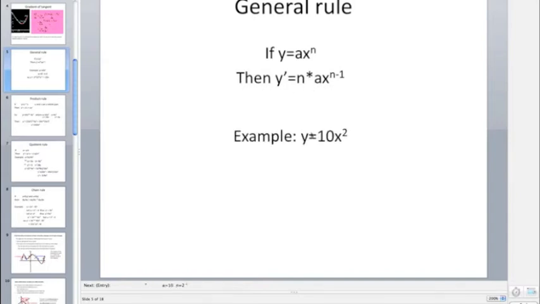Suppose we have an example y equals 10x squared. Here a equals 10 and n equals 2, so we just substitute a equals 10 and n equals 2 into the general rule. Finally, we get the answer y dash equal to 20x.